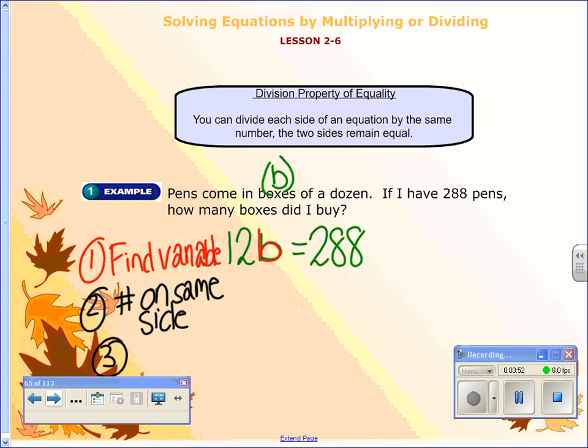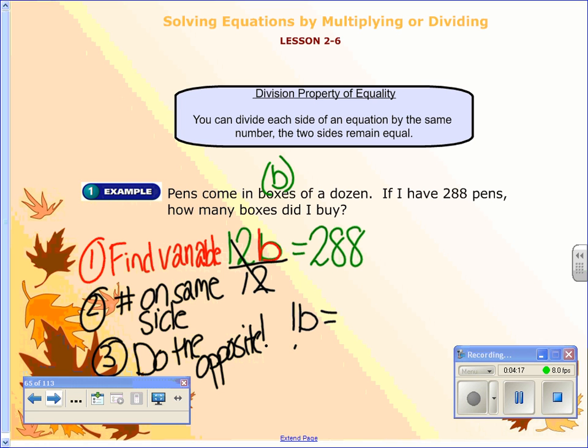Step 3, do the opposite. Right now, there is 12 times B. To get rid of that 12, we need to do the opposite of the operation they're doing now, the inverse operation. If they're multiplying, we want to divide, because 12 divided by 12, as you saw in the warm-up, is 1. So we're left with 1B, or just B. And if we do it to one side, we do it to the other.